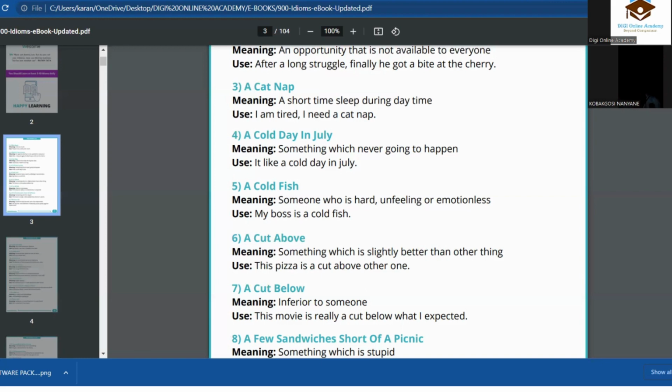Generally it is bosses, or parents when the kid complains that you don't understand my emotions, so you are a cold fish. Okay, you can note it down, David. It's a very funny one.